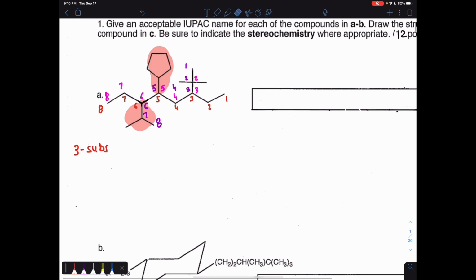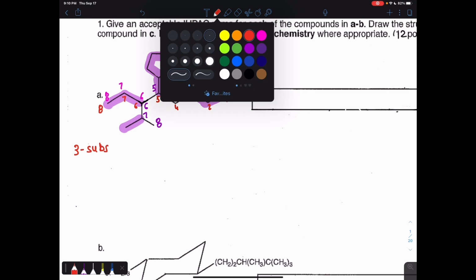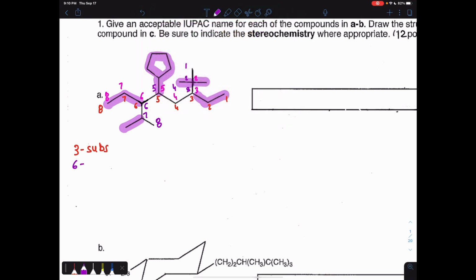Now if we look at the purple one, it has 1, 2, 3, 4, 5, and 6. All of these are subs, so that means we have 6 subs. Subs is short for substituents.